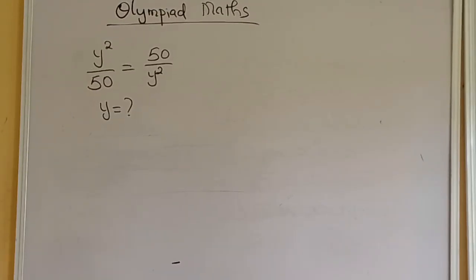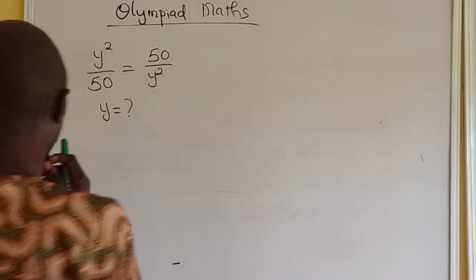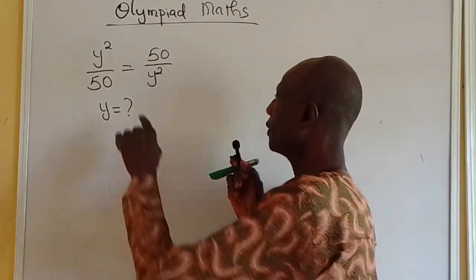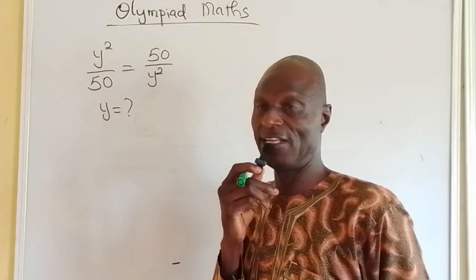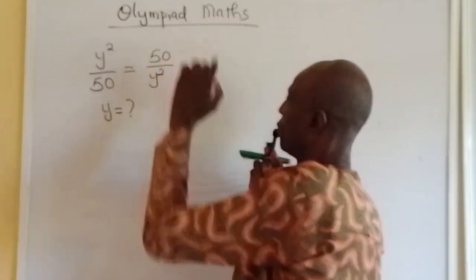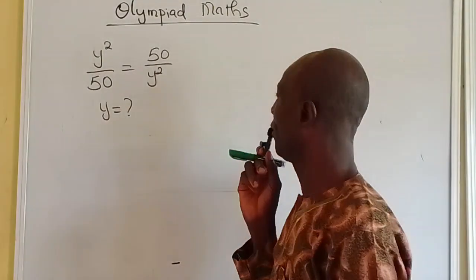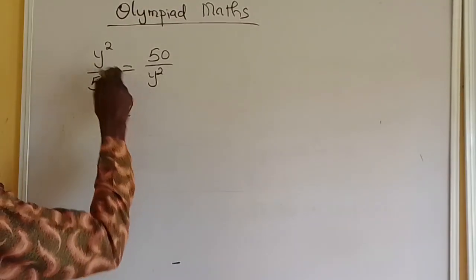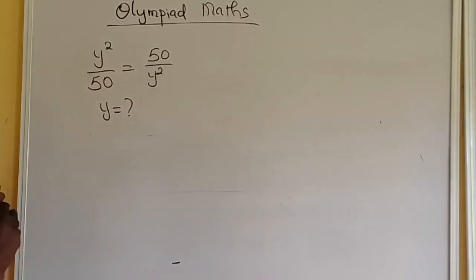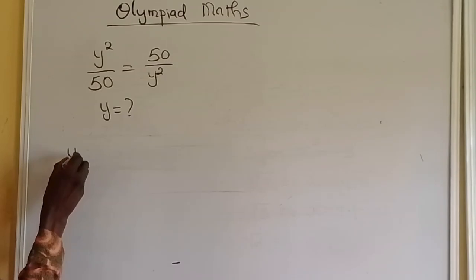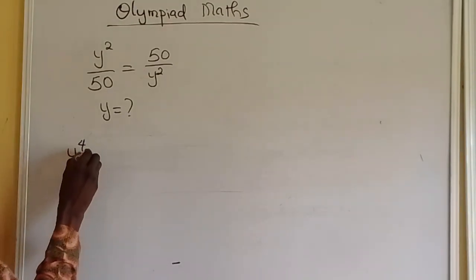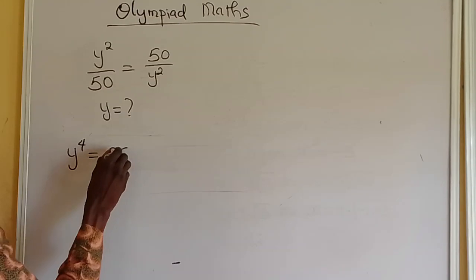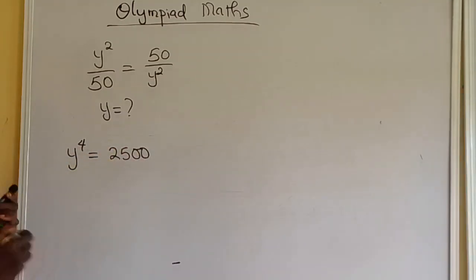Alright, let's solve example number 2. y raised to the power of 2 divided by 50 is equal to 50 over y raised to the power of 2. What do we do? Cross multiply. y squared times y squared is y raised to the power of 4. 50 times 50 is 2,500.